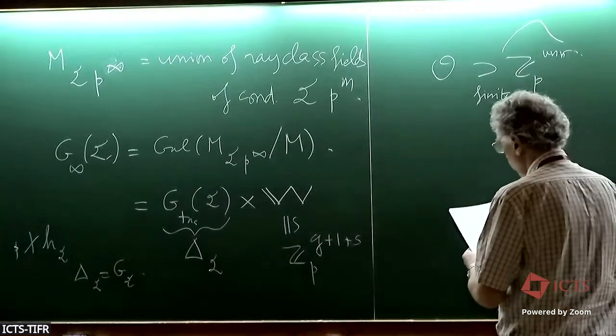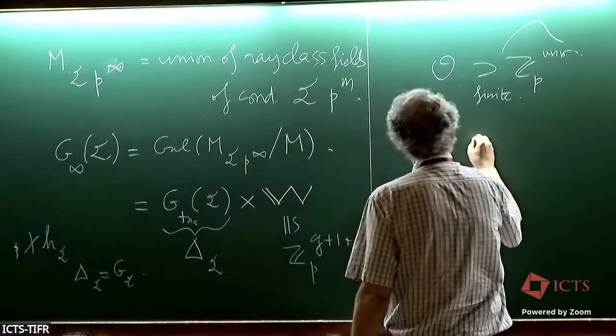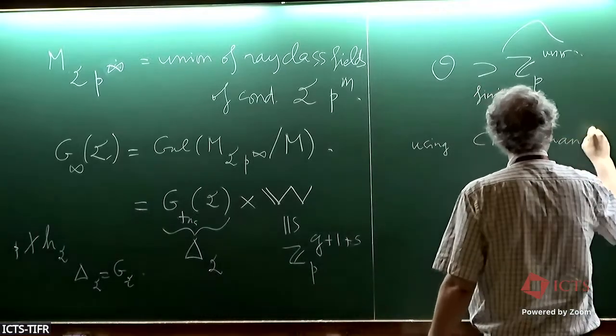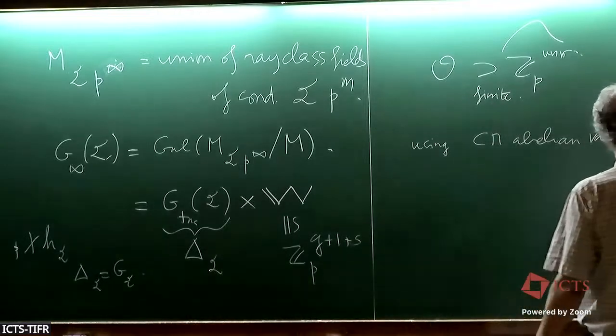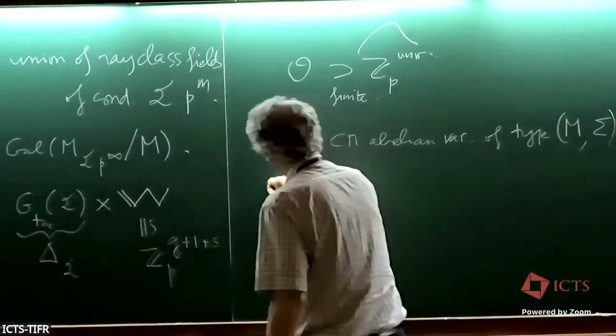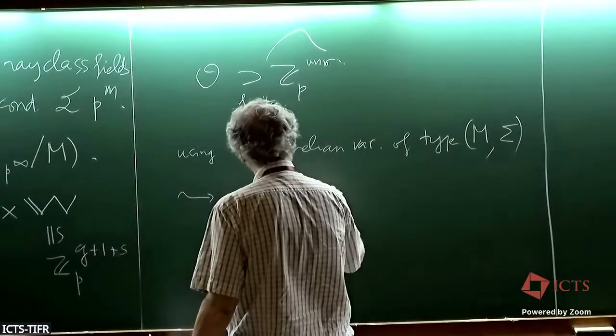And so using CM abelian varieties of type (M, Sigma), we can define a pair of periods, omega infinity and omega p.